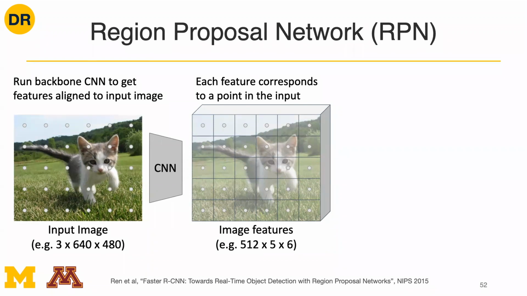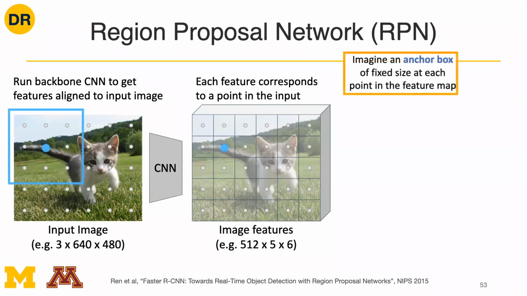Now you can come up with an anchor region. This is different from your receptive field. The anchor region is something you fix. You say, okay, this is the size of this particular anchor region, which will have a center point that corresponds to a cell in your feature map. So I'll repeat this again. You have 5 cross 6 as your grid structure.